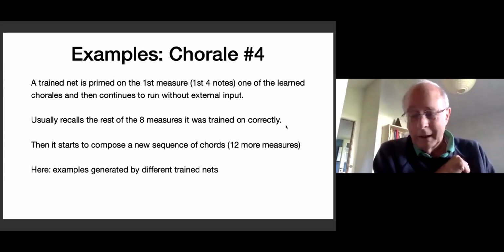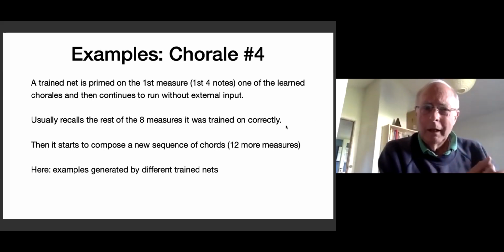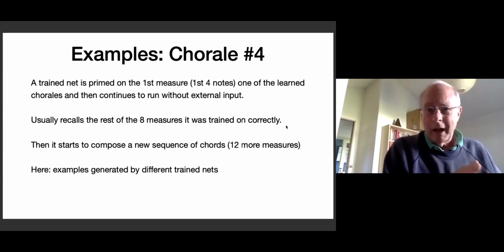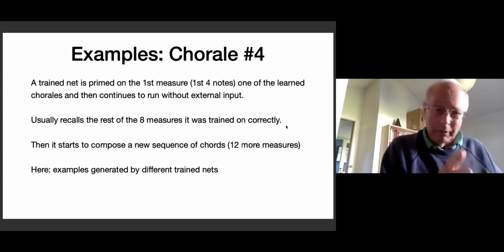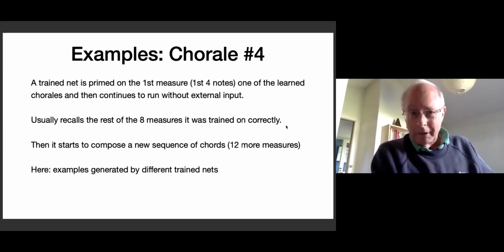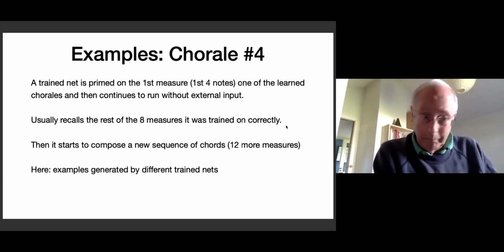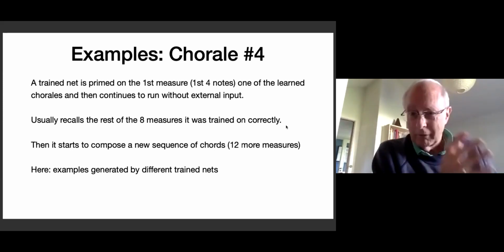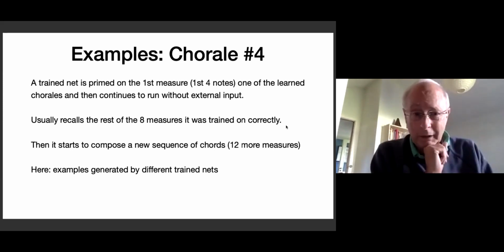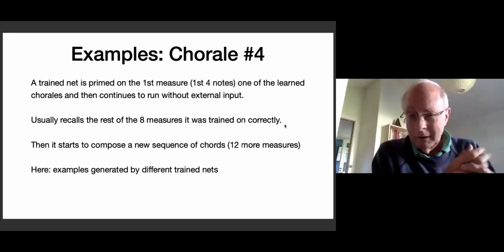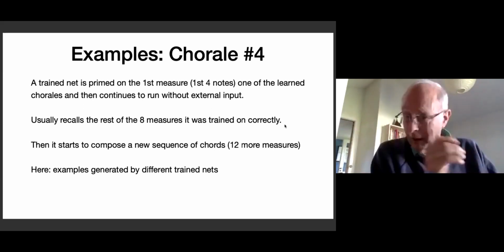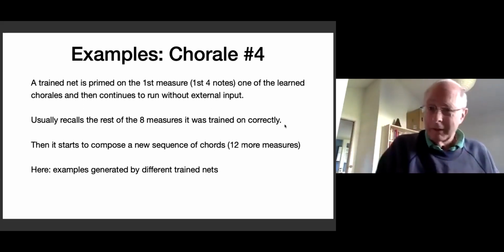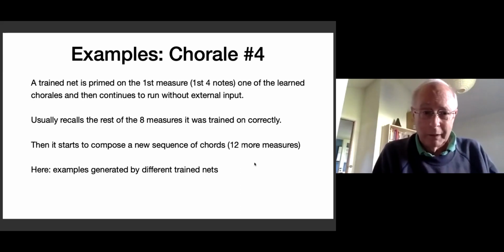It was trained on the first half, which in this case was 8 measures, 32 notes. Usually it gets the part that it was trained on correctly, if it's been trained well enough. But then it's on its own, and it starts to compose new stuff. In this example, I had it compose 12 more measures.